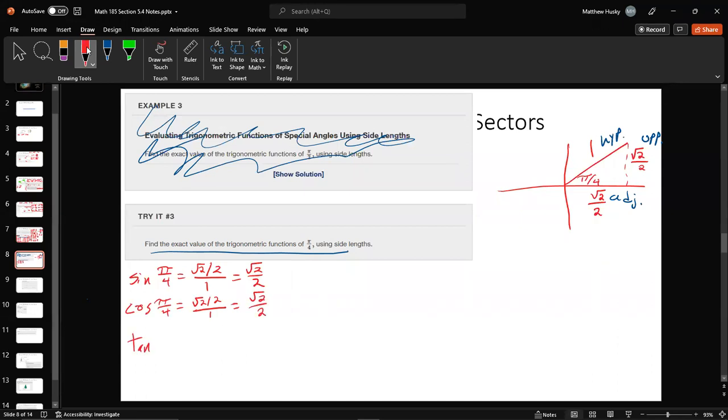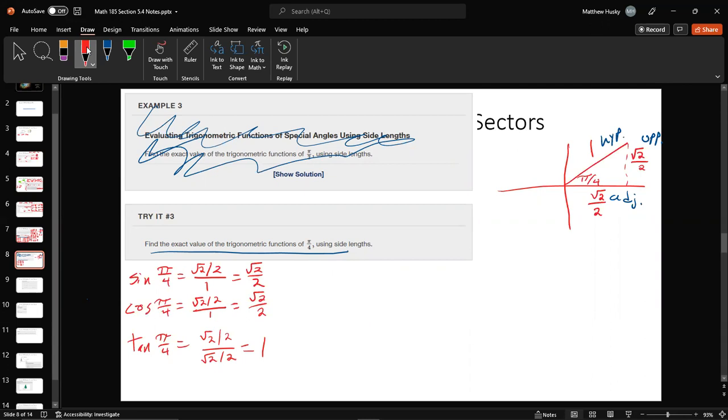For the tangent, you do the opposite over the adjacent. So you do root 2 over 2 divided by root 2 over 2. Fun fact, if you divide anything by itself, you will get the number 1. So you will get 1.